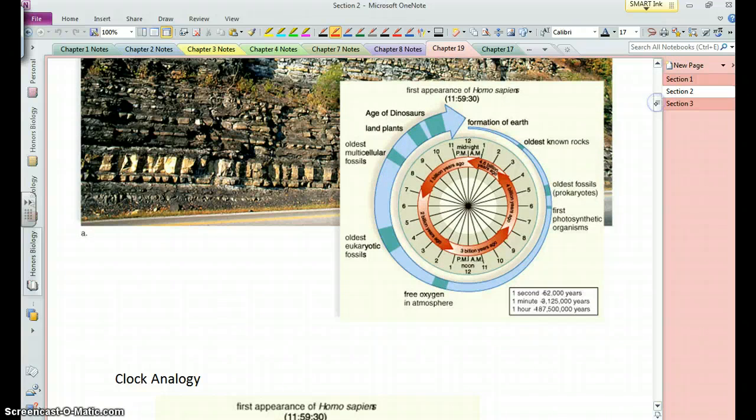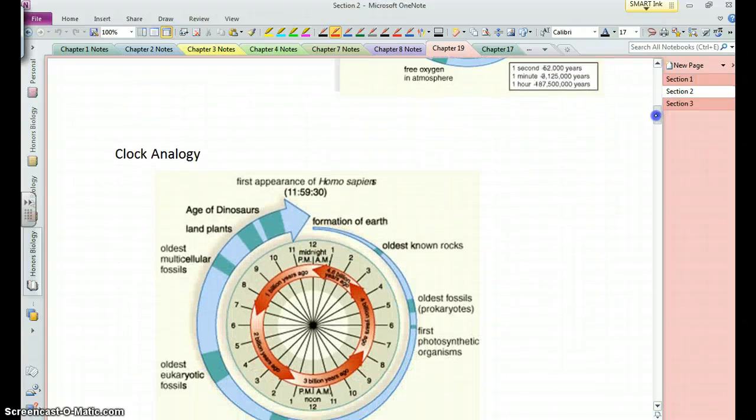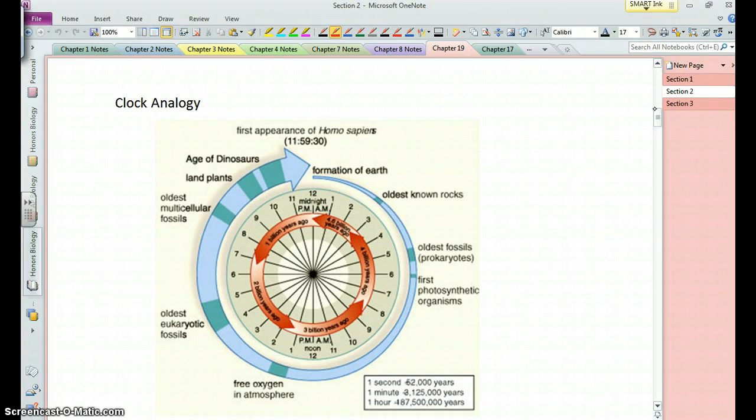And so, if we look at the Earth's history as sort of like a clock, at the beginning of time, of course, you get the formation of the Earth. That's about 4.6 billion years ago. And then, of course, the Earth is this sort of molten mass at that time.